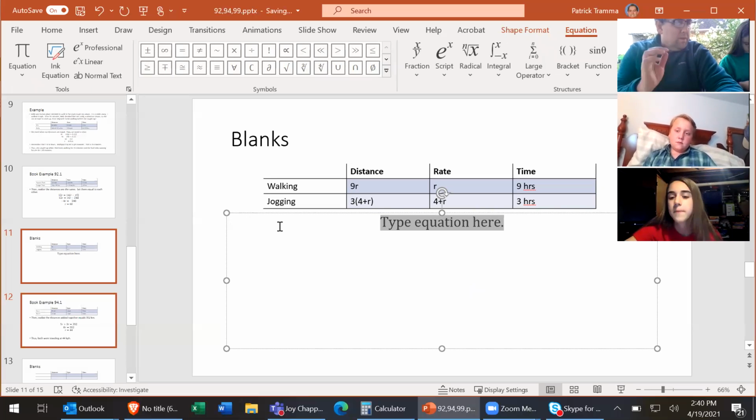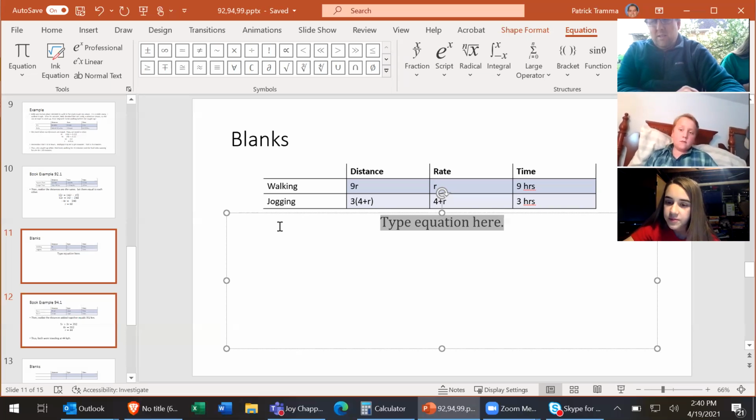Now they went there and they came back the exact same distance, right? So that means the two distances are what? Equal. Very good, Rosie. And so what equation would you do to make them equal to each other? I don't know. Well, you have two distances. What are the two distances that you have in the table? 9R and 3 times the quantity 4 plus R. Right.